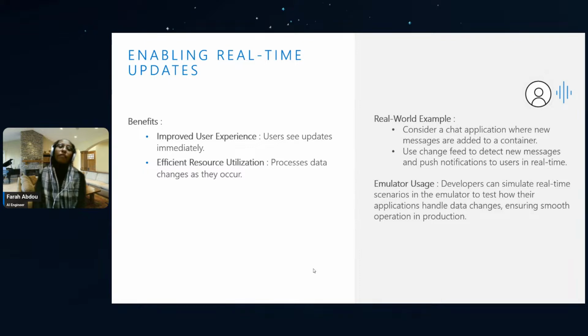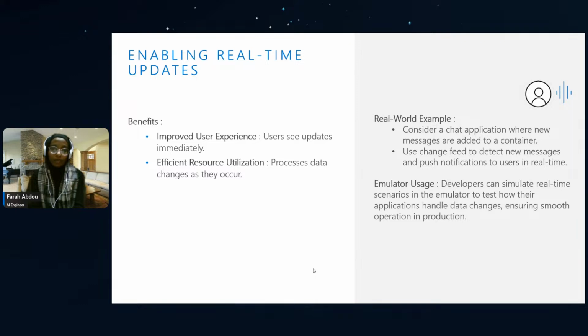If I need to work with data in real time, what is the benefit? It improves the user experience, because I can see updates immediately, what is happening now. It also gives efficient resource utilization, since we process data changes as they occur.